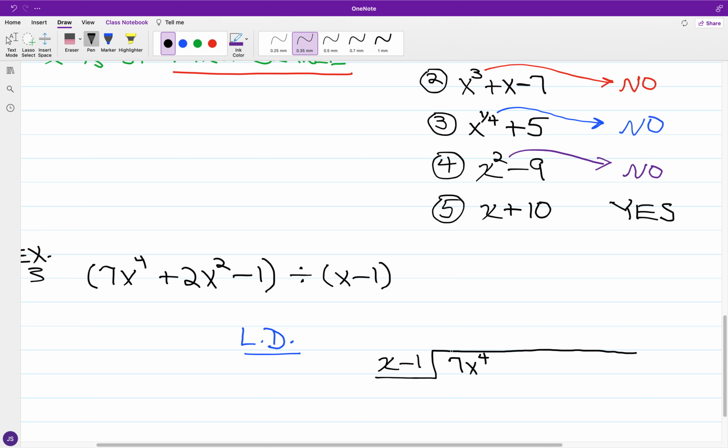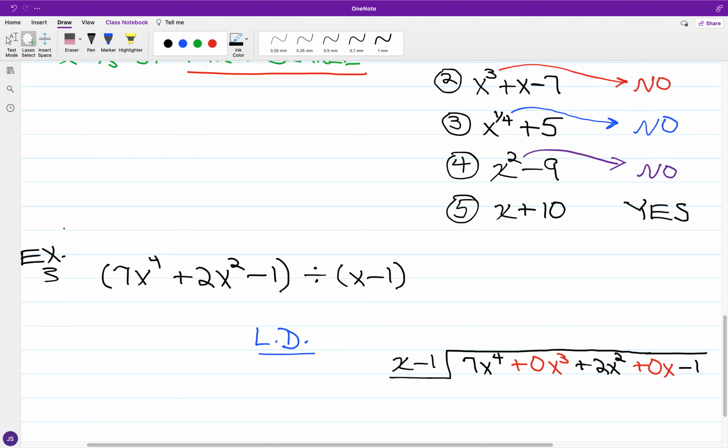If you notice, we don't have a third order term, so I'm going to use 0 as a placeholder. Now we have 2x squared, and for the next I have another missing degree term, a missing first order x expression, and then finally we have the dividend close out with a constant.